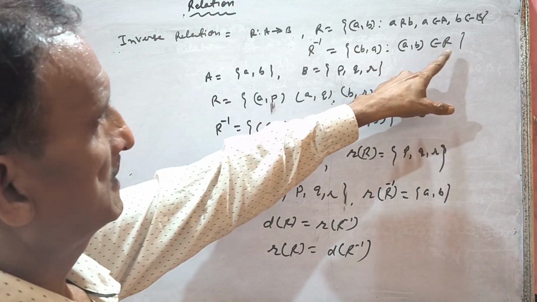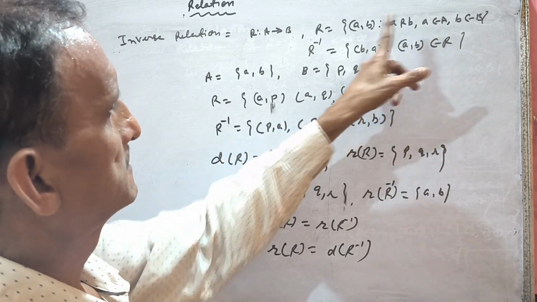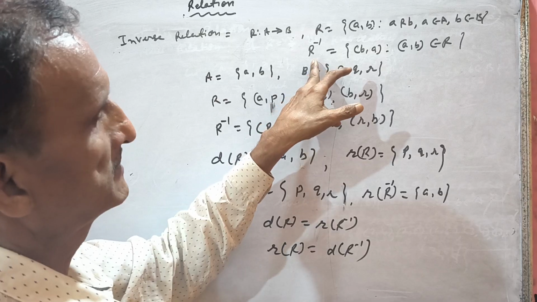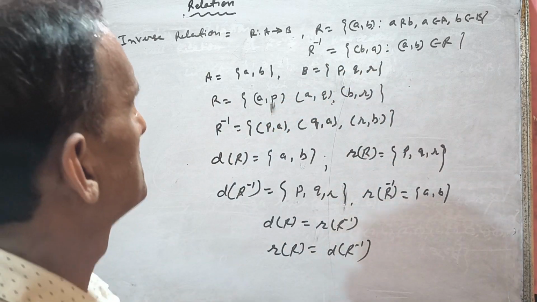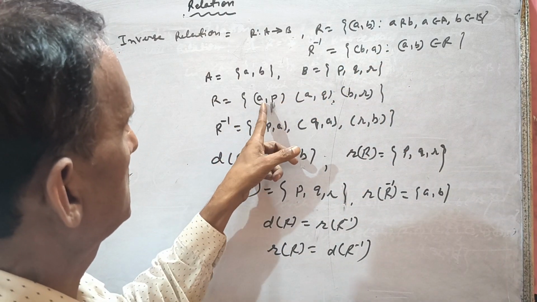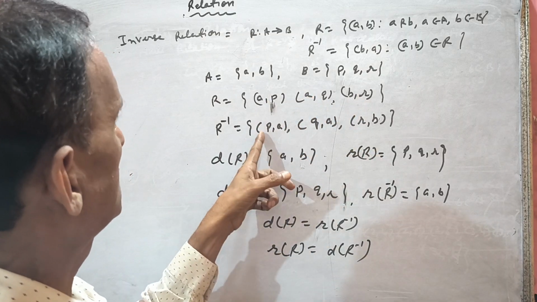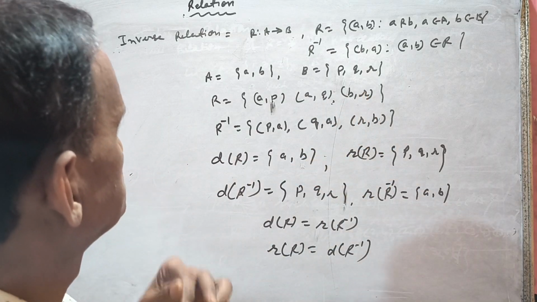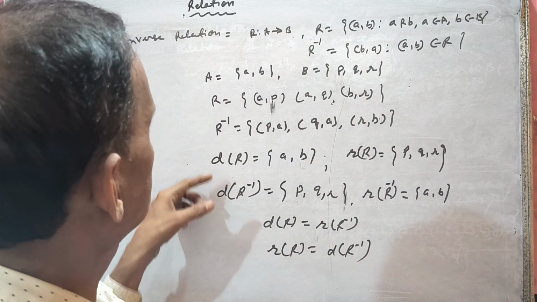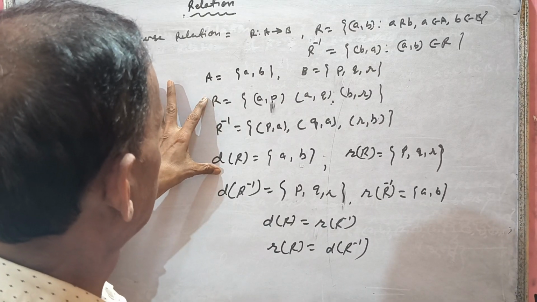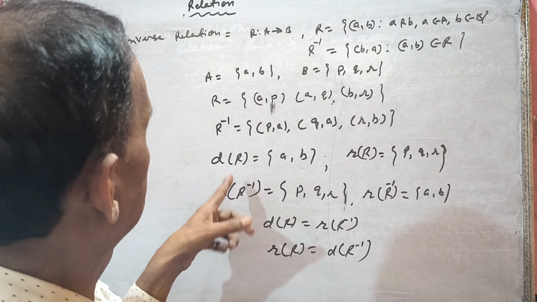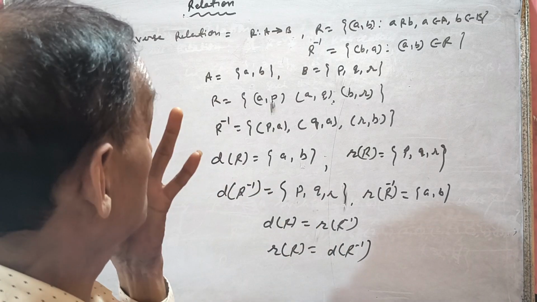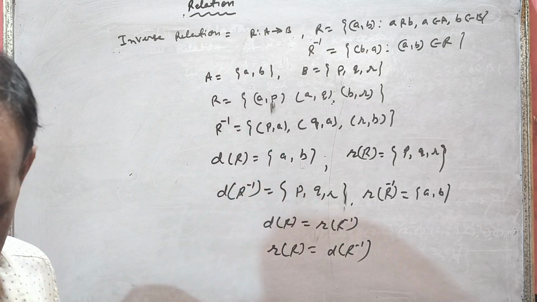If R is a relation and (a, b) belongs to R, then the inverse relation denoted by R inverse will be the ordered pairs (b, a). If R is {(a,p), (a,q), (b,r)}, then R inverse will be {(p,a), (q,a), (r,b)}. And what you will get? The domain of R will be the range of R inverse, and the range of R will be the domain of R inverse. So this is the inverse relation.